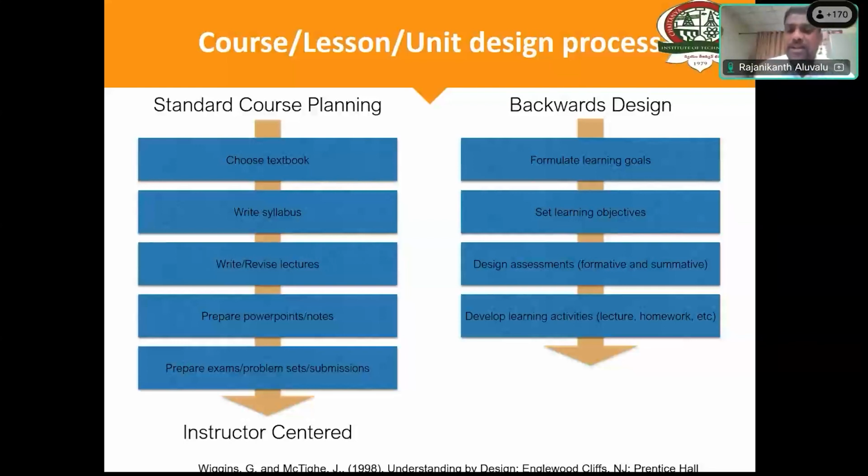So that's where there needs to be a mapping, a correlation of the content to the outcomes, and that has to reach the teacher, the designer, the learner, as well as the assessor.